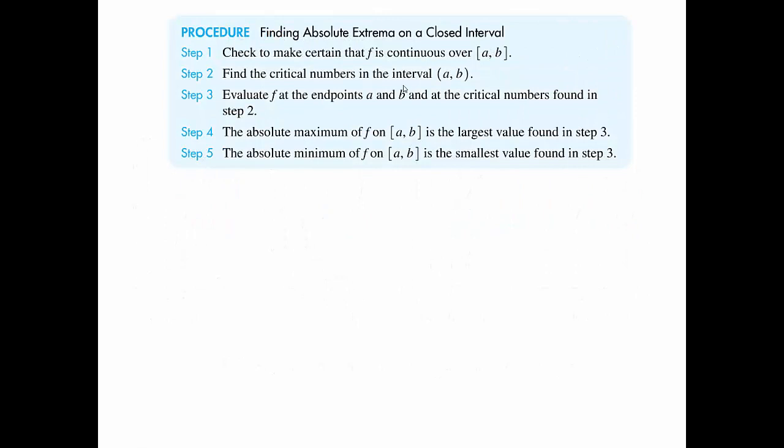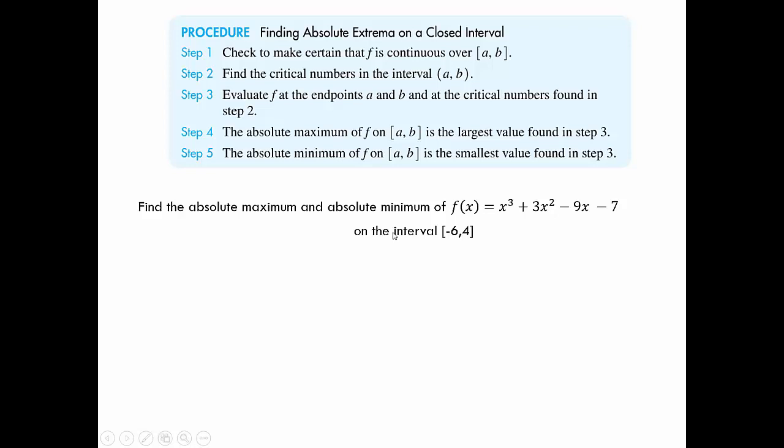So let's go through an example where we want to find our absolute extrema, our max or min, on a closed interval. So the first thing you have to do is make sure it's continuous over that interval. Find the critical numbers in the interval. Then evaluate the endpoints. The largest is the max out of the critical numbers and the endpoints, and the smallest is the minimum.